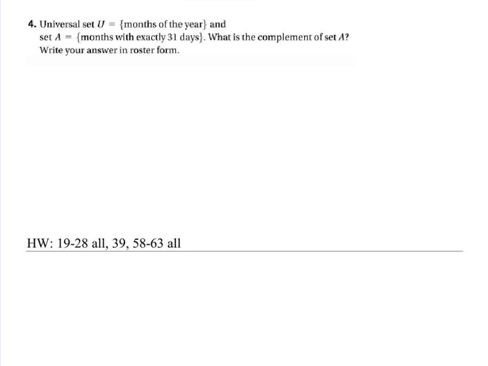Do you know how to do this? Yeah, use your knuckles. The best way to do it is use your knuckles. So I'm going to try to draw a little hand here with knuckles. Okay, your thumb doesn't count. Any peak is a month with 31 days. Any valley is a month with not 31 days. And you just start with January. So here's January, 31. February, no. March, 31.